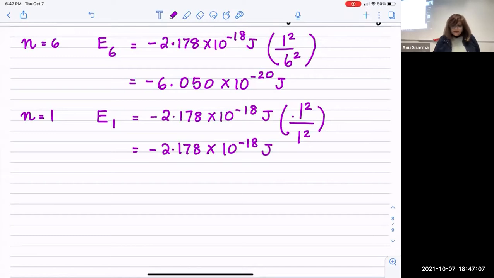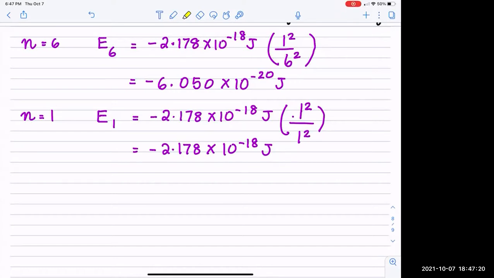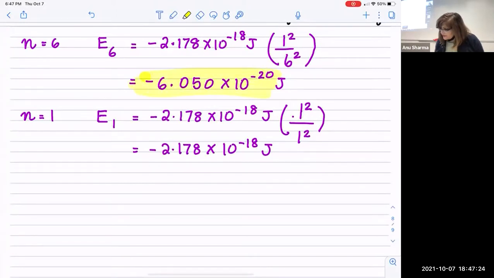Now tell me, which one is closer to the nucleus in general, E1 or E6? E1. So if you look at it, this one is 10 to the power negative 20, and this is 10 to the power negative 18.